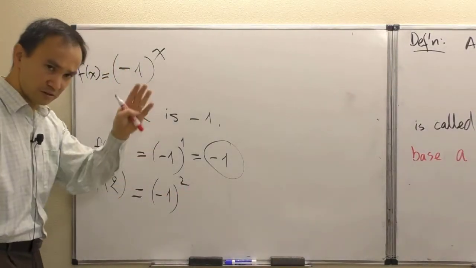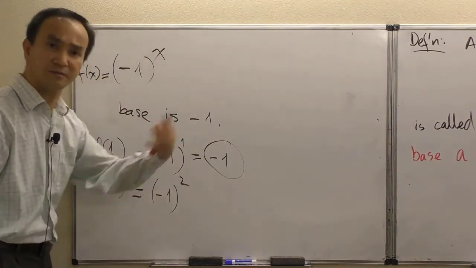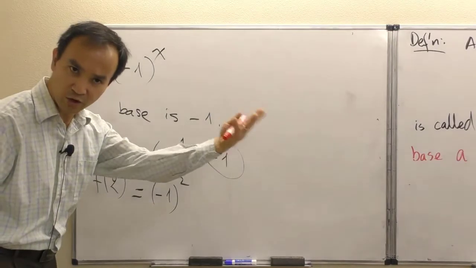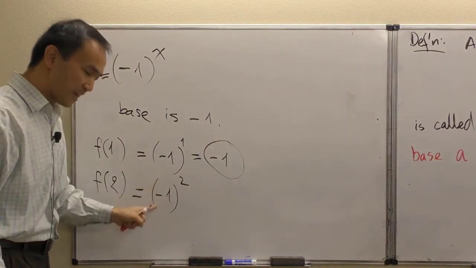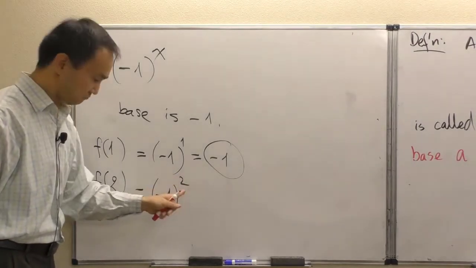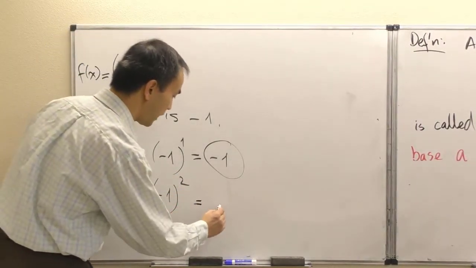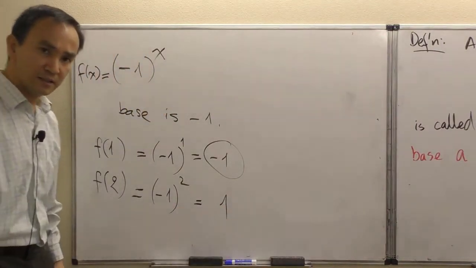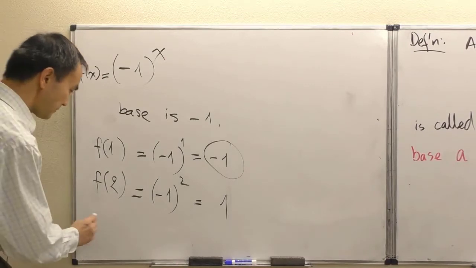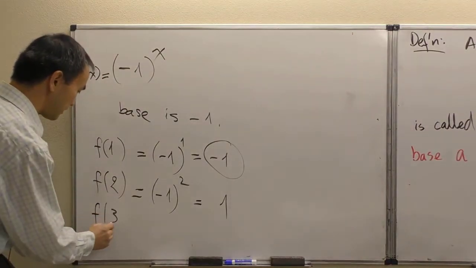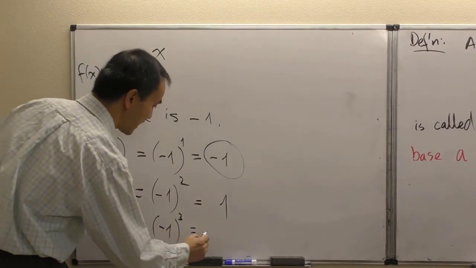Now remember, the base in this case is -1, so by the order of operations we have to multiply -1 with -1 again because it's power 2, and so now it's +1. Then we raise it to the third power, and (-1) to the third power is -1.